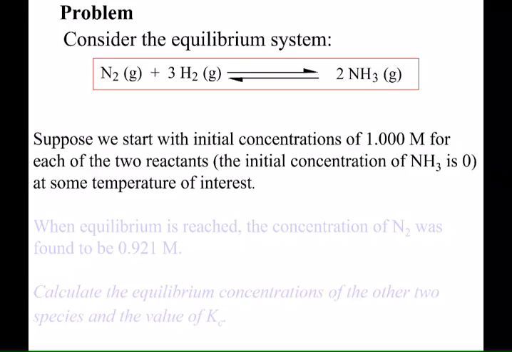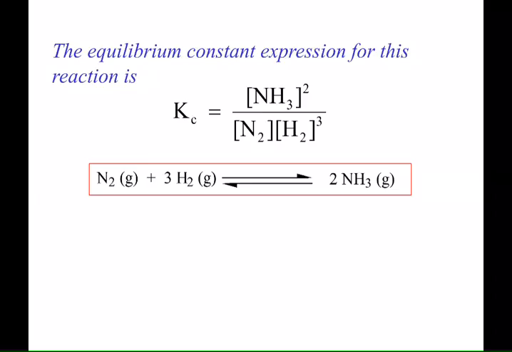When I'm working a problem like this, this is how I put it all out there. So our Kc expression for this equilibrium is this. It's a bird's eye view of what's going on, I think.